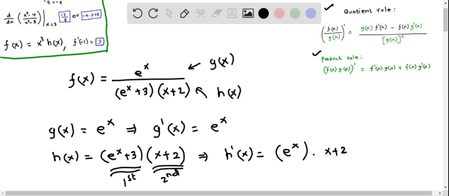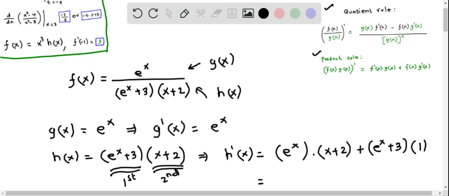Then we keep the first function as it is, that is e power x plus 3, multiplied with the derivative of the second function, which is the derivative of x plus 2, that is 1.